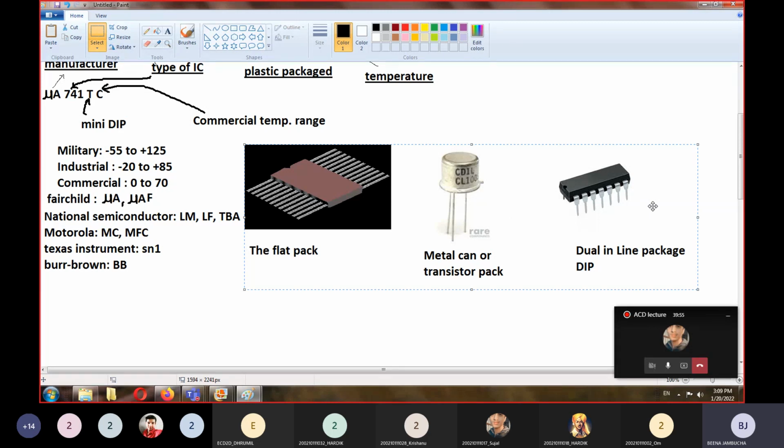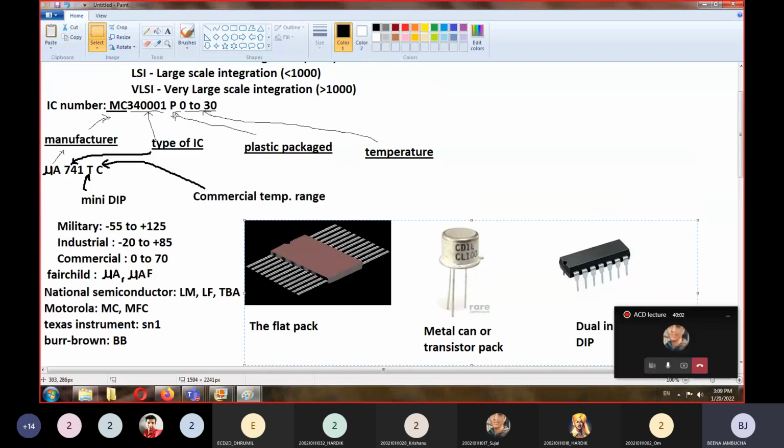Even our 741 IC is a DIP package. So here you can see the package type. Here when it is written as T, it is known as mini DIP, and finally the temperature range is provided.